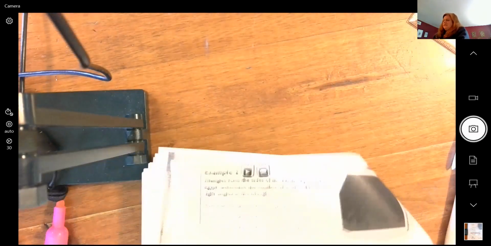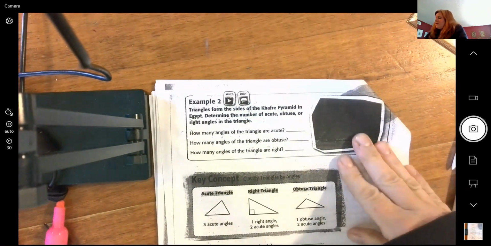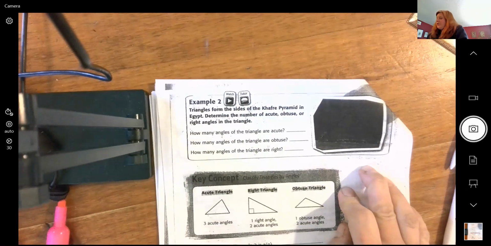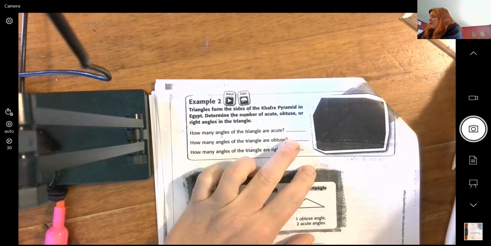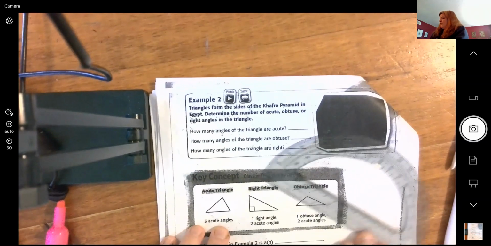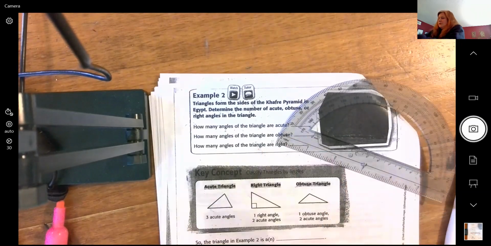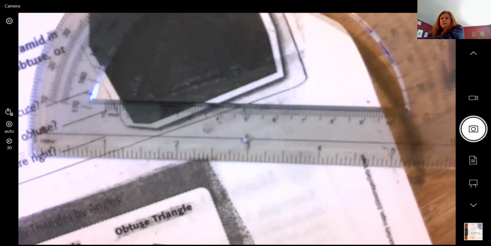All right. How many angles of the triangle are acute? And again, this is pretty hard to see, but if you look on your protractor, let's see.